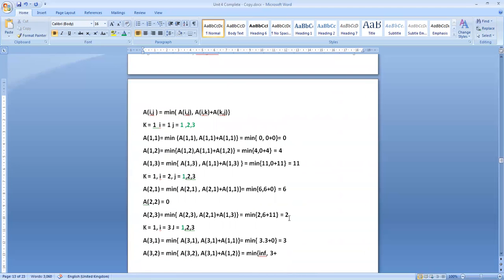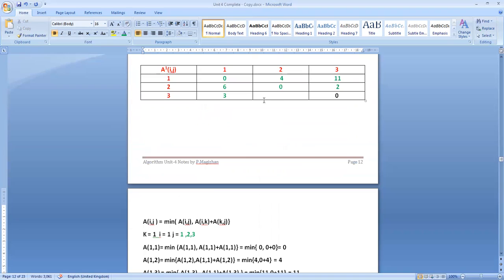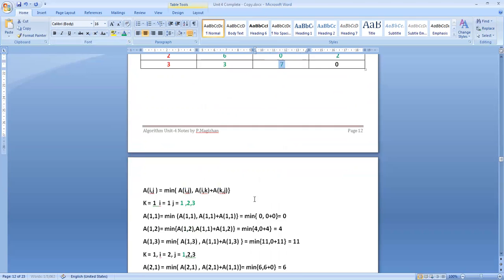So the minimum of infinity comma 3 plus 4, 7. So 7 is the minimum. So a of 3 comma 2 is equal to 7. This is also found out.